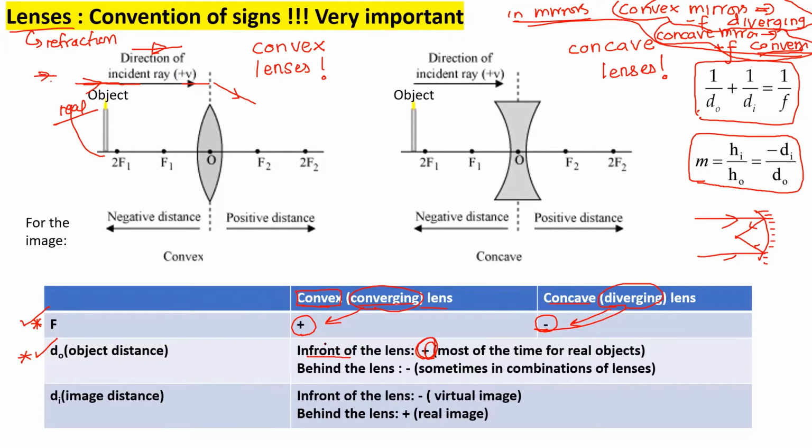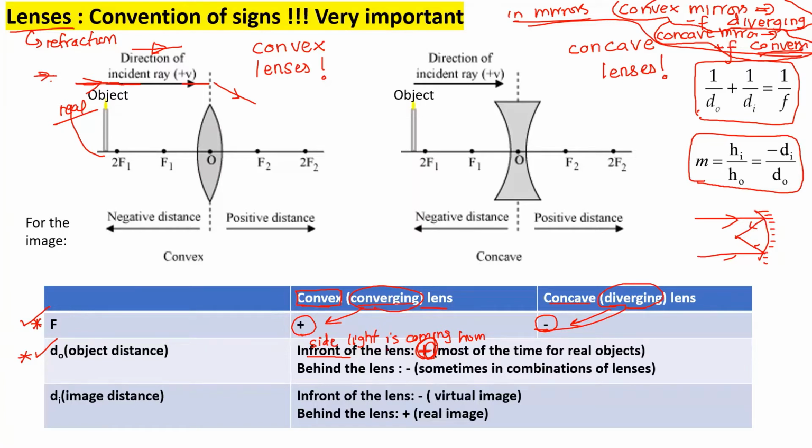So if your object is on the side light is coming from, it is a positive distance. So this is plus. Most of the time, if you have one single lens in simple problems, your objects will be real, like this.